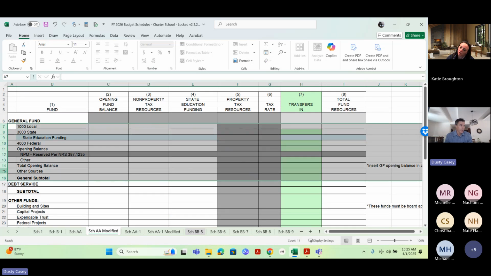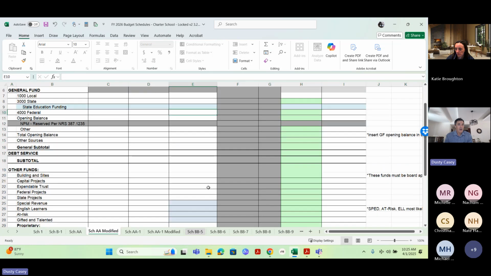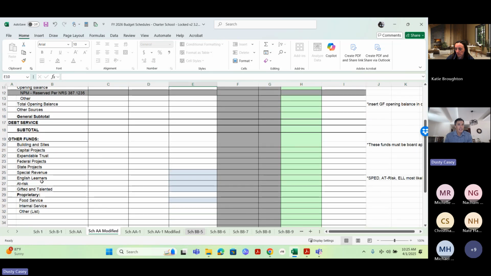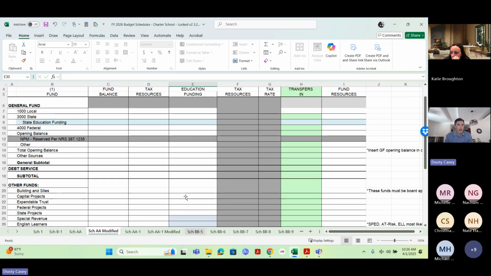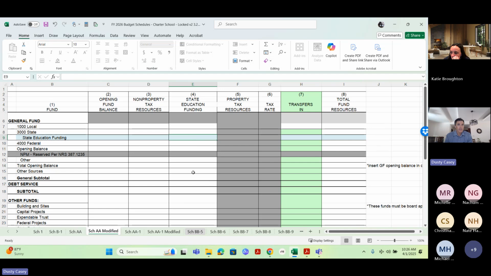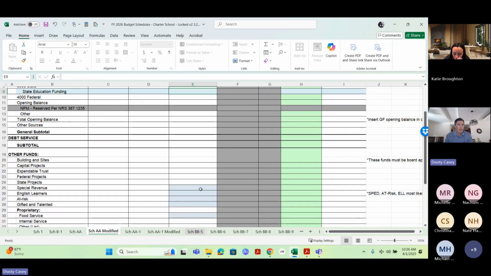That's your fund 100. Down here is your other funds. You can see you've got at-risk, English language learner, gifted and talented down here. That comes from your state funds. So anything in blue would come out of those state education funds on tab B1.